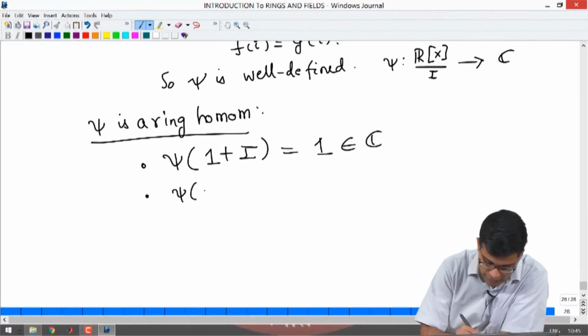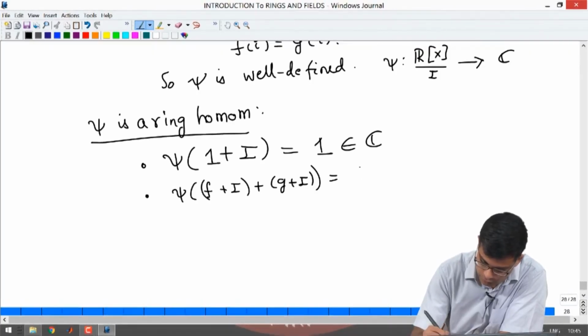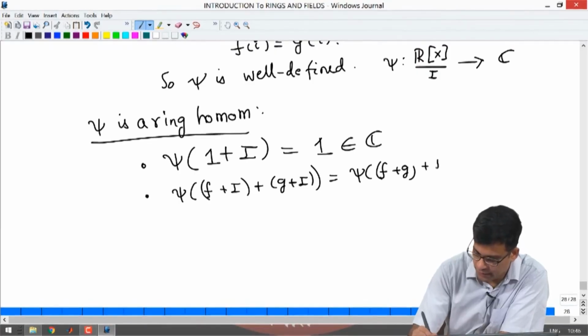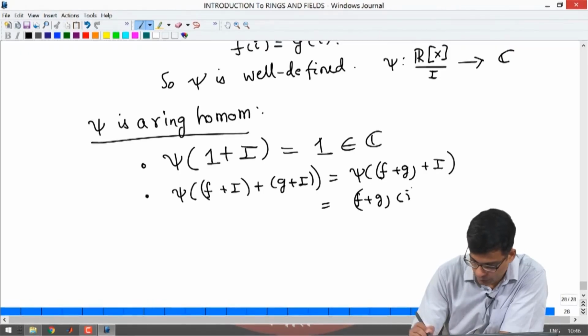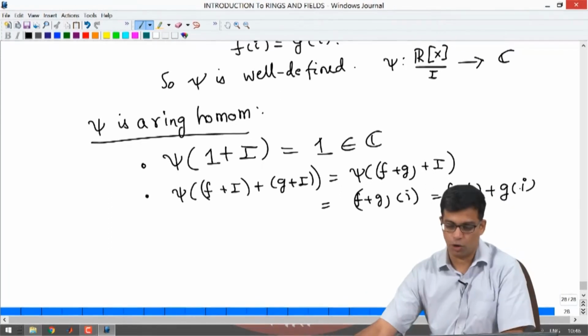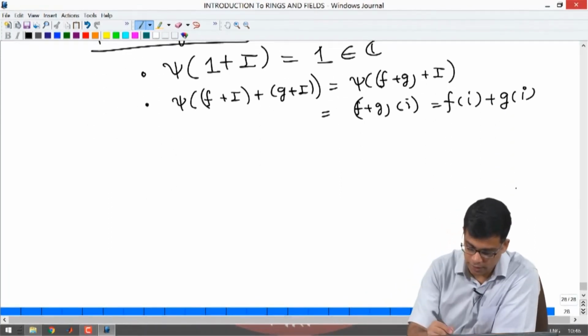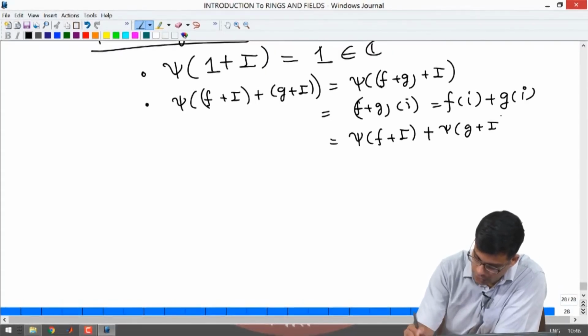What is psi of (f + I) plus (g + I)? This is psi of (f + g) + I, by definition of addition in R[x] mod I. This is (f + g)(i), which is f(i) plus g(i), again the usual polynomial properties, and this is psi of (f + I) plus psi of (g + I).